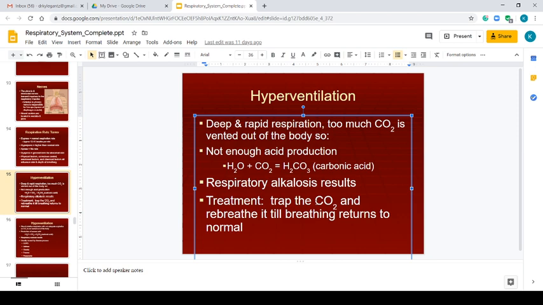The paper bag has nothing magical about it. But what it does is it reintroduces a higher level of carbon dioxide, and it's going to get more of this carbonic acid produced, take you out of respiratory alkalosis and allow that respiration rate to return to normal.